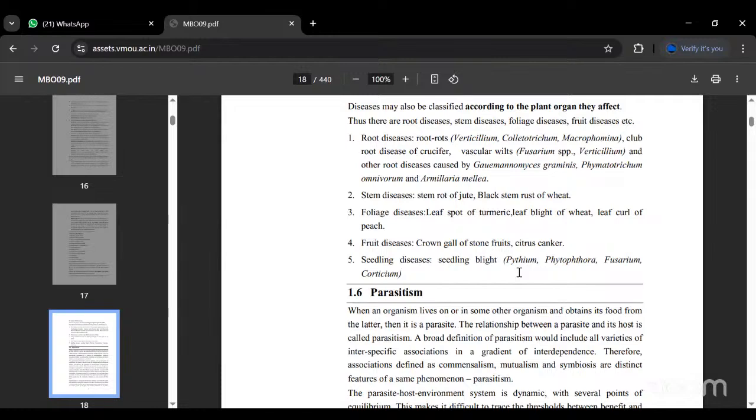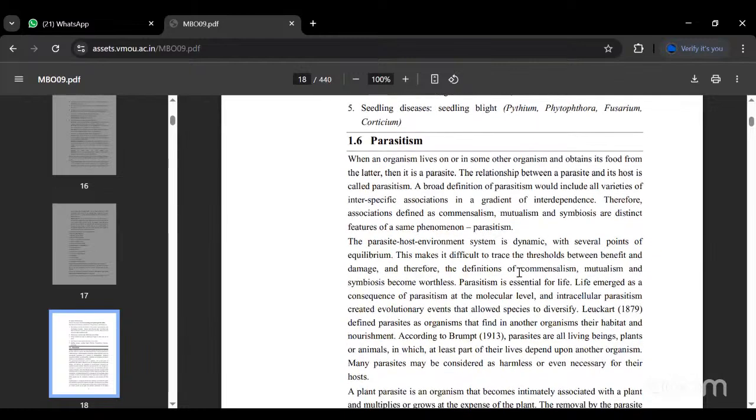Foliage diseases: leaf spot of turmeric, leaf blight of wheat, little leaf of wheat. Fruit diseases: citrus canker. Seedling blight: Pythium, Phytophthora, Rhizoctonia, Fusarium.